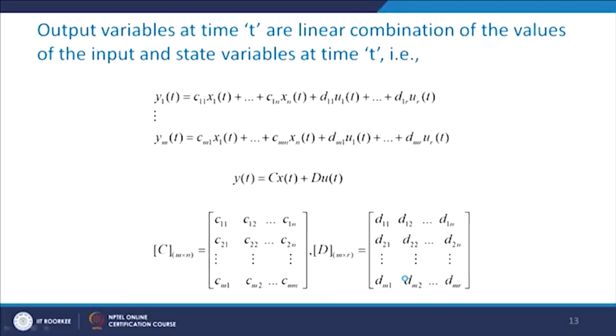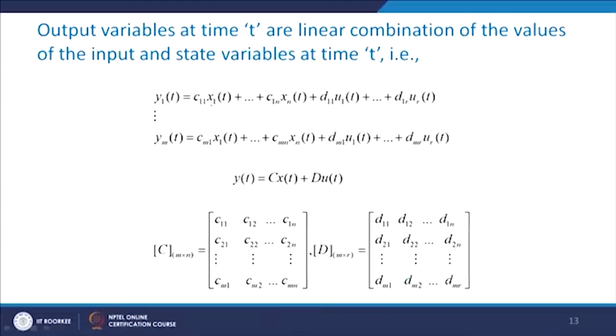Now coming to the output equations, as output is also a combination of your input as well as the state variables, we write the output in terms of c11 x1 of t, up to c1n xn of t, d11 u1 of t, up to d1r ur of t. Similarly we can write y2, y3, and finally the output is ym.